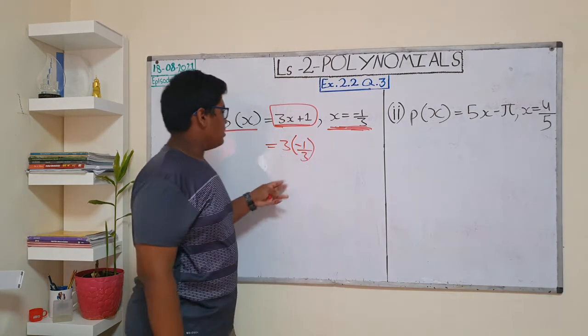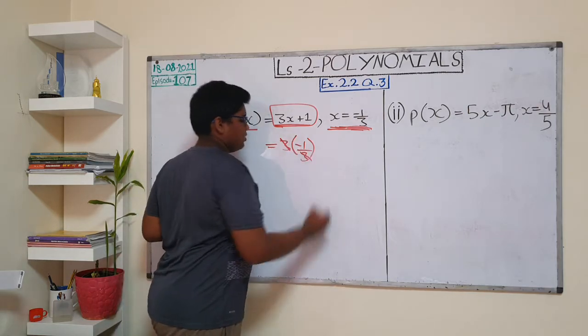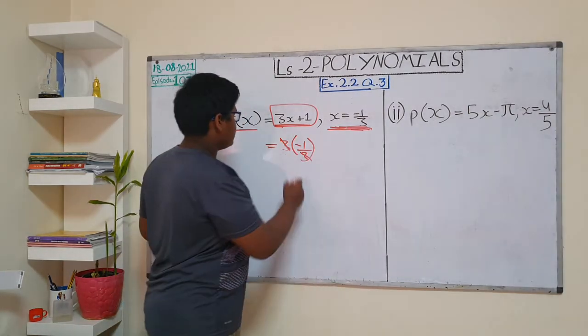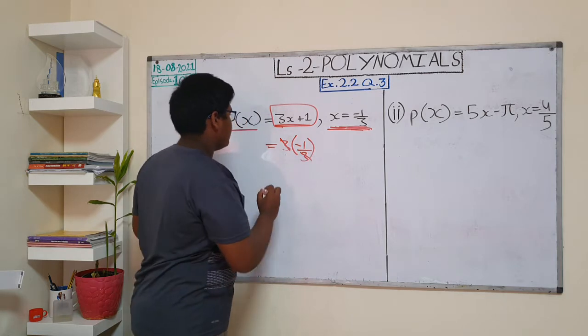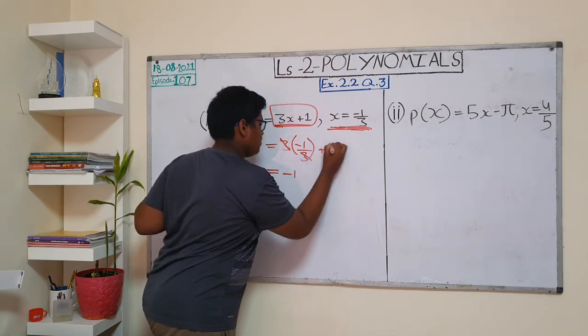Okay, fine. Then here we have 3 and 3, right? So we can cancel them both because both are in division. Then we have minus 1 left, then plus 1 also.